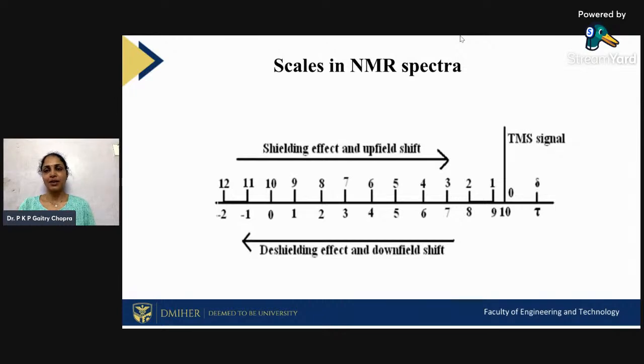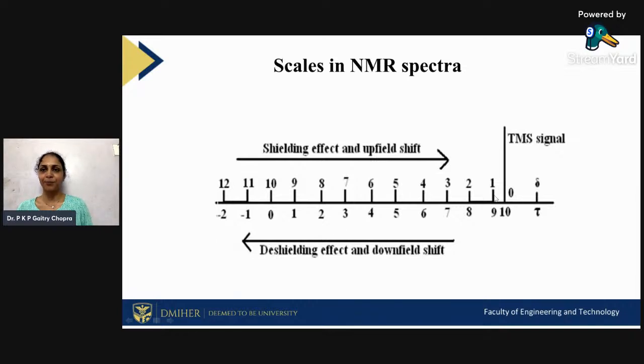And these are the scales which are used in NMR spectra. One is the delta scale and the other is the tau scale. They are completely opposite. Both are common, but the spectra that you basically get are on the delta scale. So if it is delta 0, that means it is tau 10.